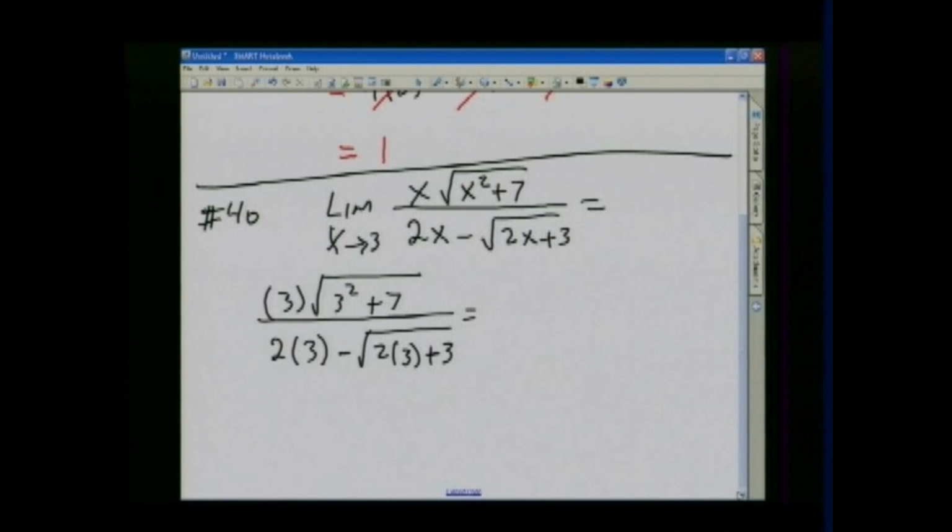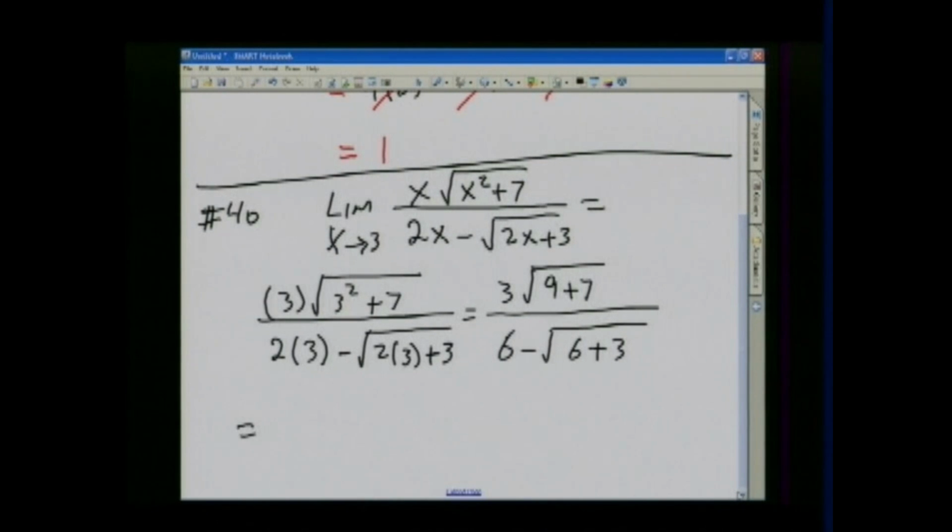So this would be equal to 3 times square root of 3 squared is 9 plus 7, divided by 2 times 3 is 6, minus square root of 2 times 3 is 6 plus 3.